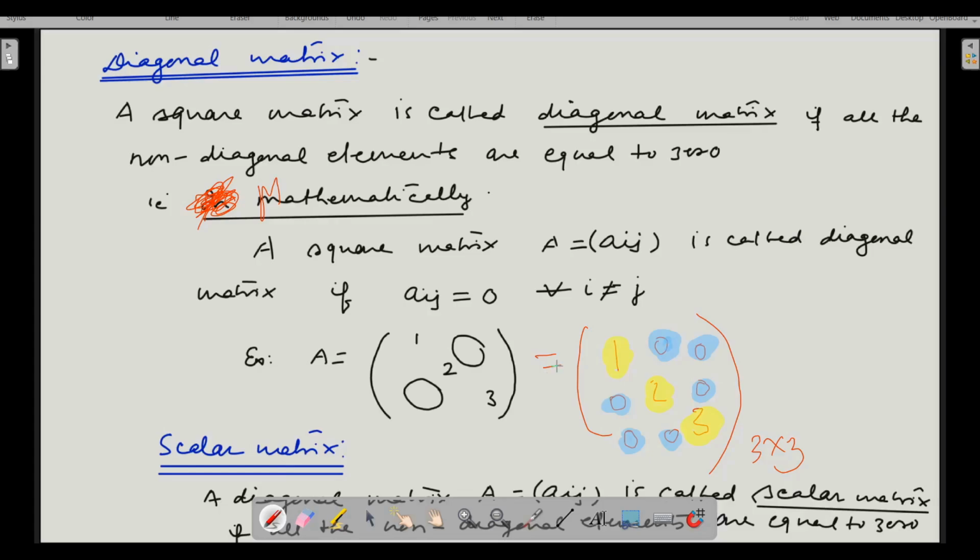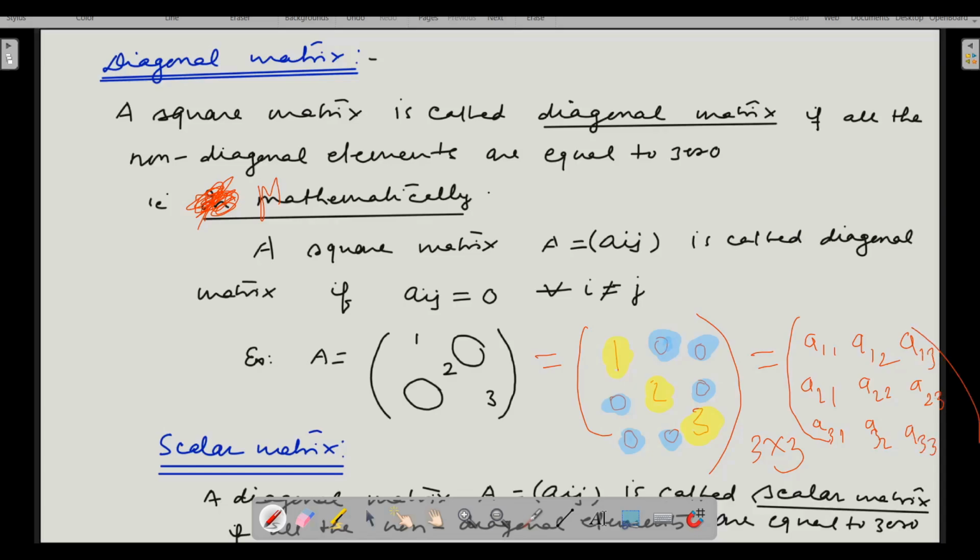Now what does this actually mean? Just have a look at this matrix. If you want to represent this matrix in terms of Aij, you write A11, A12, A13, then A21, A22, A23, then A31, A32 and A33.